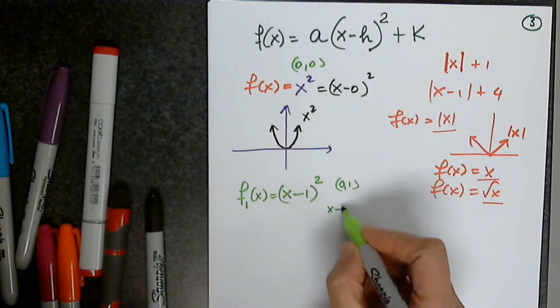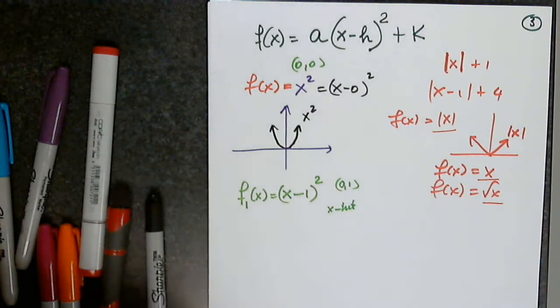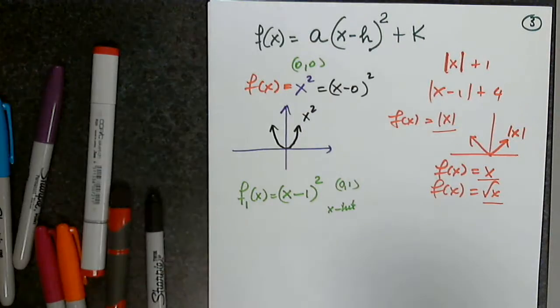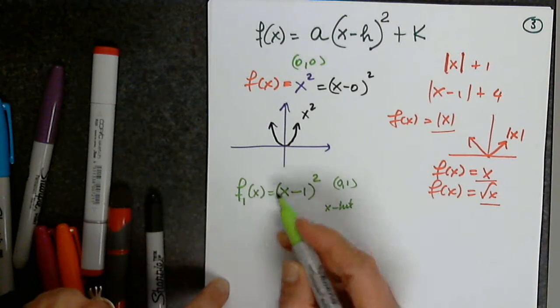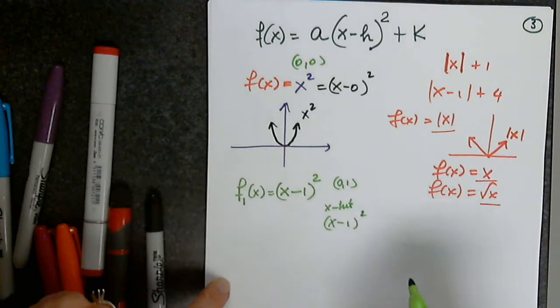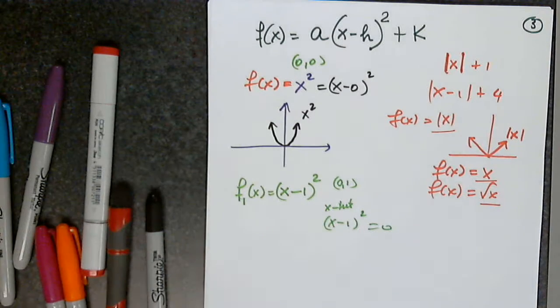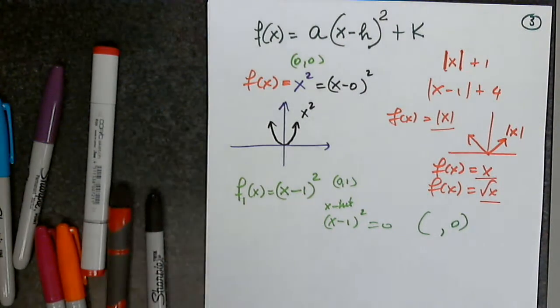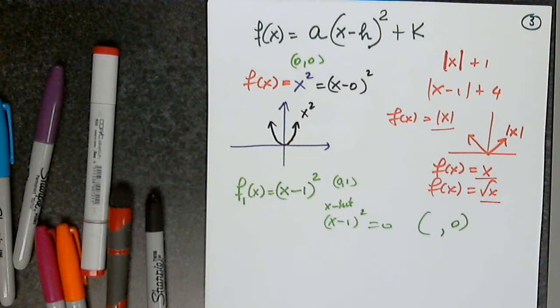How do I determine the x-intercept? Careful. For the x-intercept, I don't make x equal 0. I make y equal 0. Very good. So this is y, right? So x minus 1 squared equals 0. So where is the x-intercept now? Which x will make this 0?